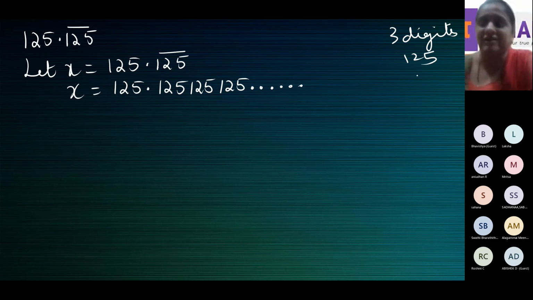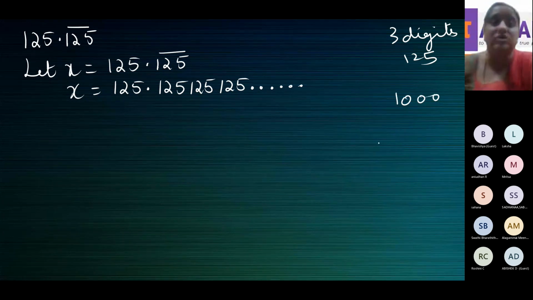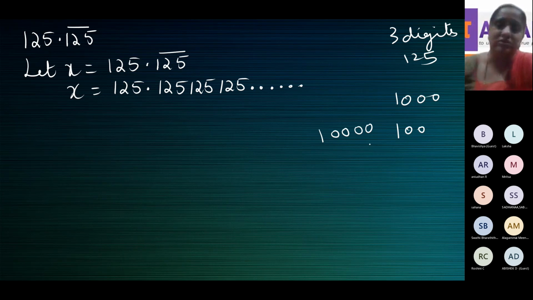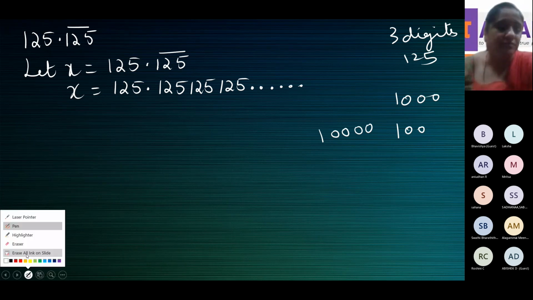So you should multiply x with 1000. 3 digits means 3 zeros, 1000. If the repeating block has 2 digits, then multiply x by 100. If the repeating block has 4 digits, then multiply x by 10000, and so on.